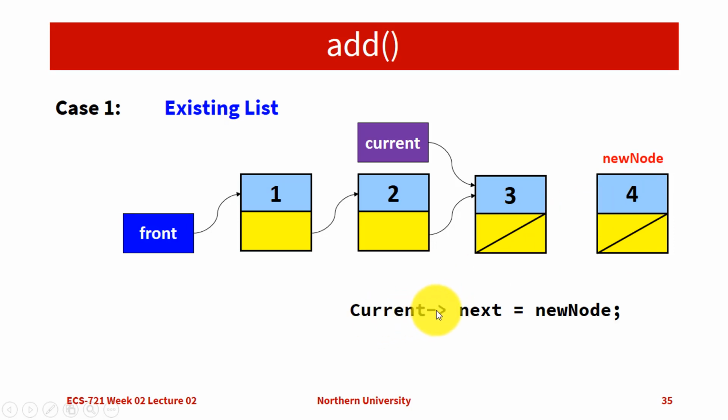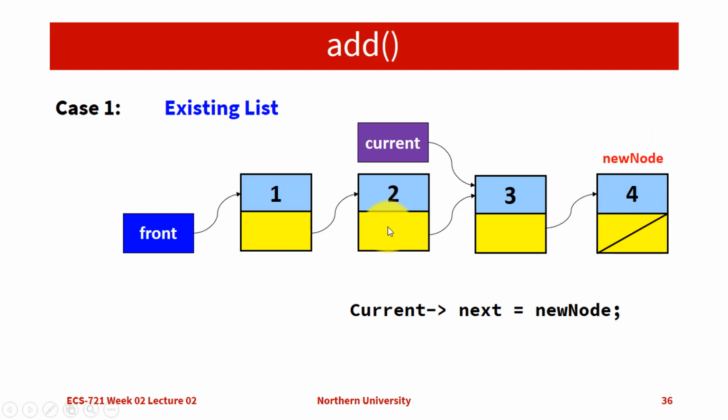So we'll say current dot next, or arrow next, and assign the next pointer of the current the address of this new node, the one we just created right here. When we do that, we create a pointer from this node to that node. So when we execute that, that's it. We are done. We have inserted a new node into an existing list, right?